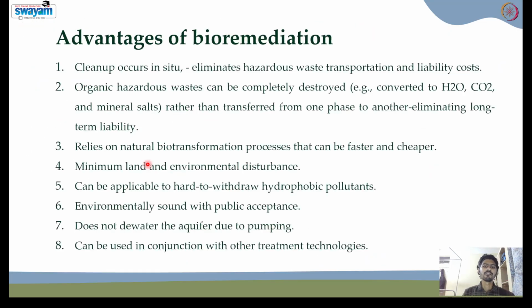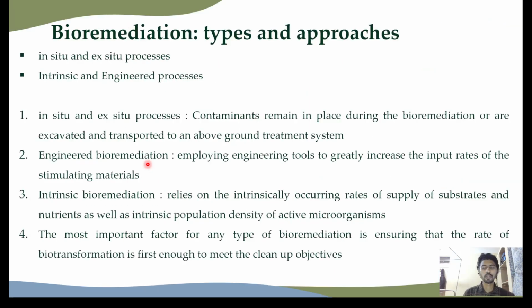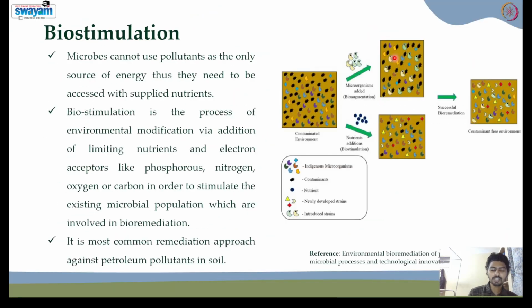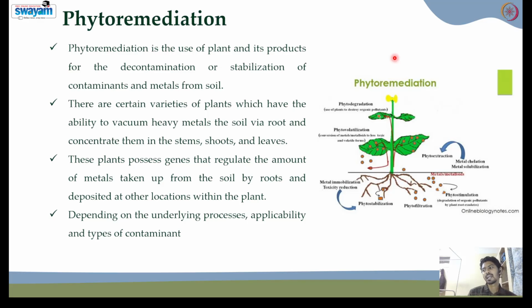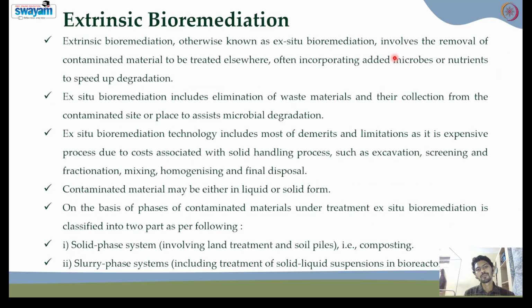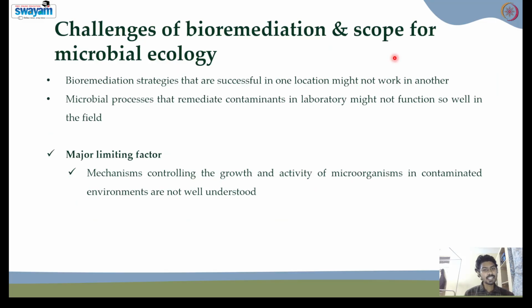We have also seen the advantages and disadvantages of bioremediation, and various types and approaches, where we discussed in situ and ex situ processes, intrinsic and engineered processes, and approaches like biostimulation, bioaugmentation, as well as phytoremediation. And last, we ended with the challenges of bioremediation and how important it is to understand microbial ecology. So these are the highlights of today's lecture.